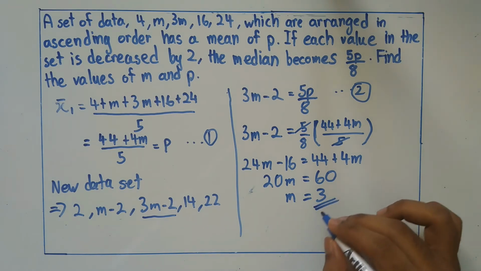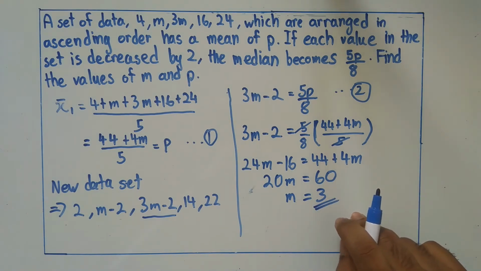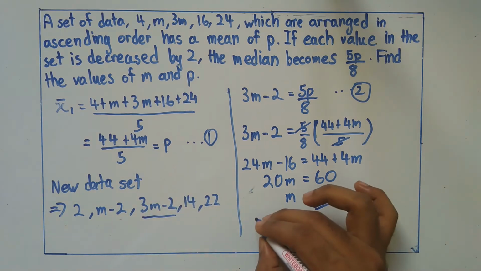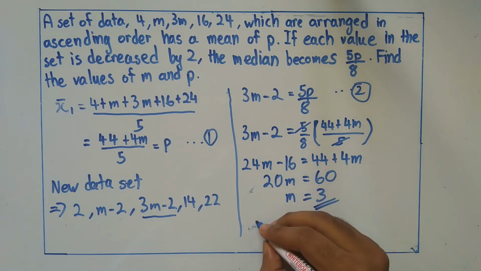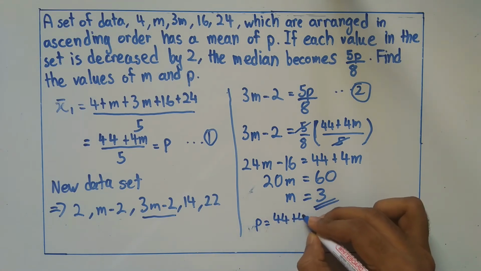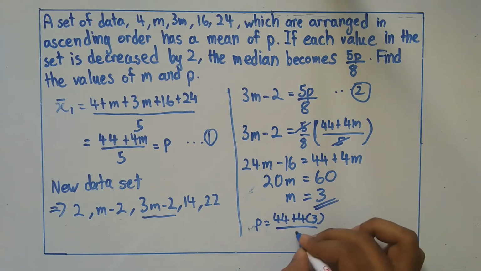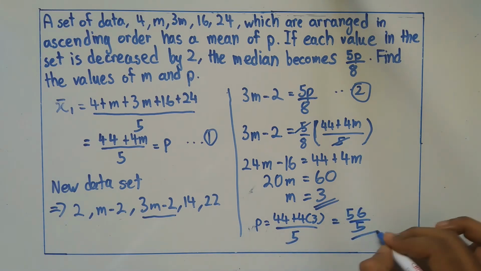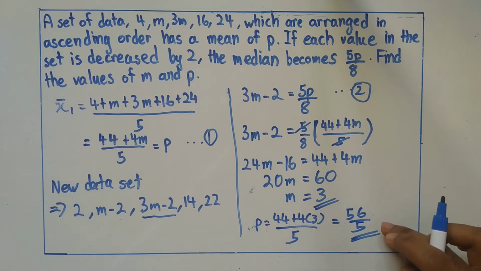M equals 3. We use this value and substitute it into equation 1 to solve for p. P equals 56 divided by 5. We have solved for m and p. This question tests you the concept of statistics and your ability to use simultaneous equations.